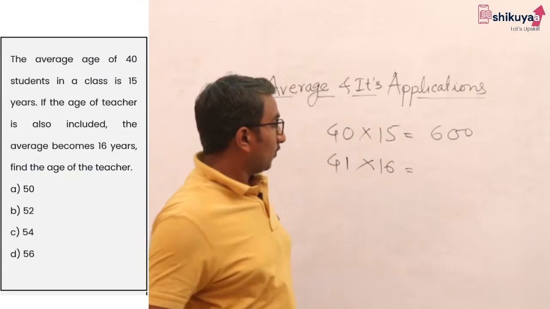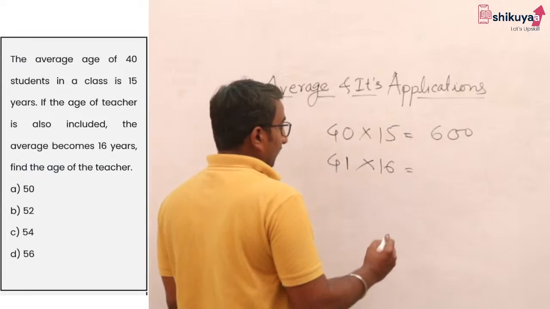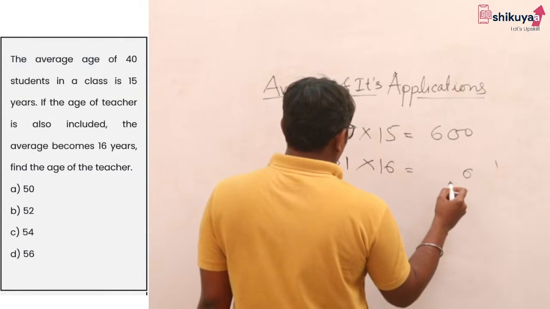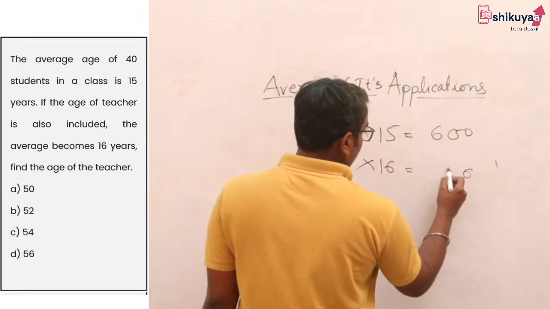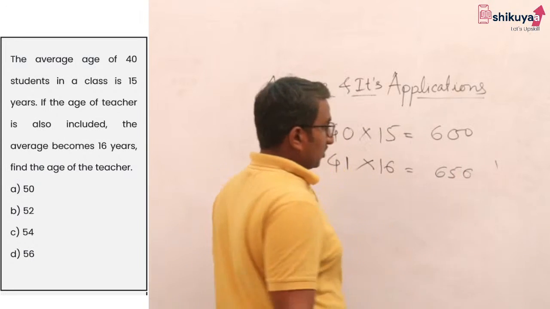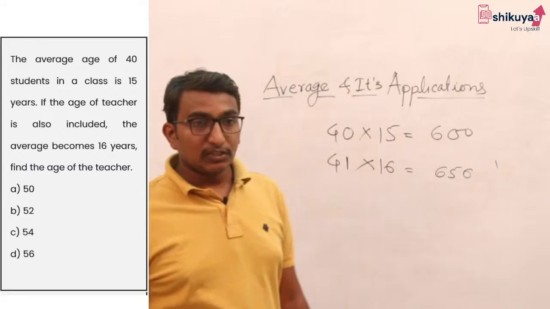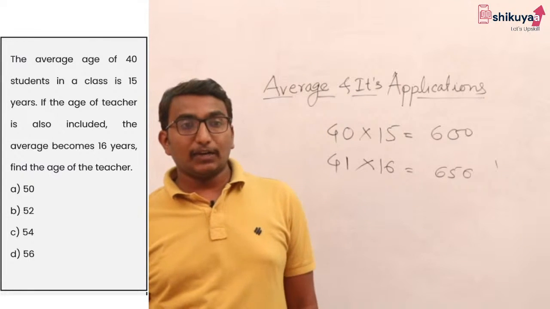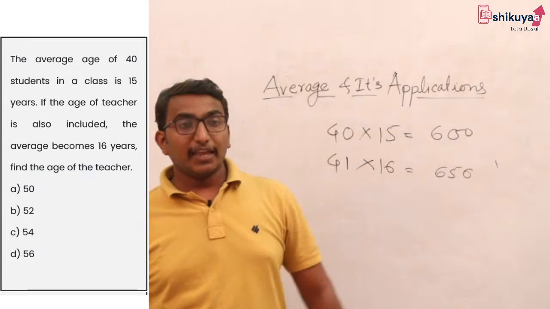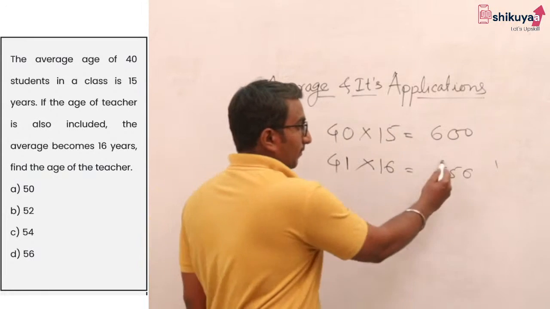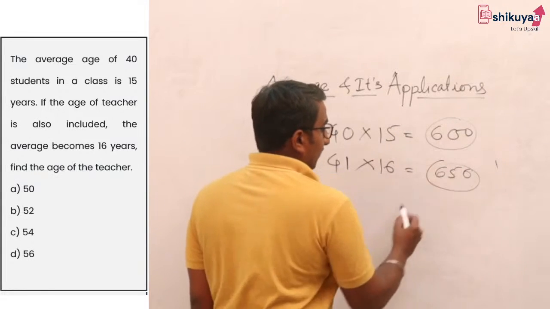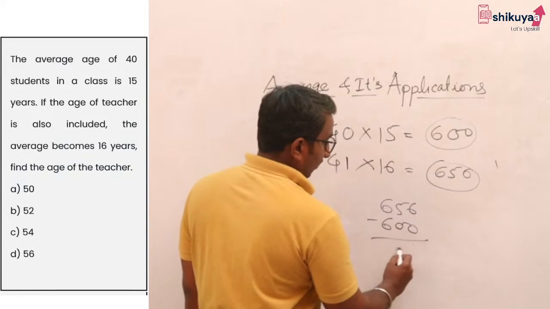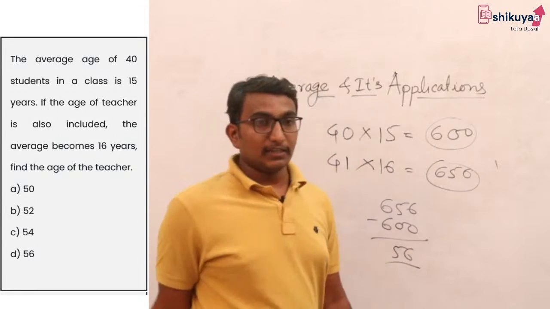So here what would be your summation? It is 656, right? And now you have to calculate what is the age of the teacher. So 656 minus 600, your answer is 56.